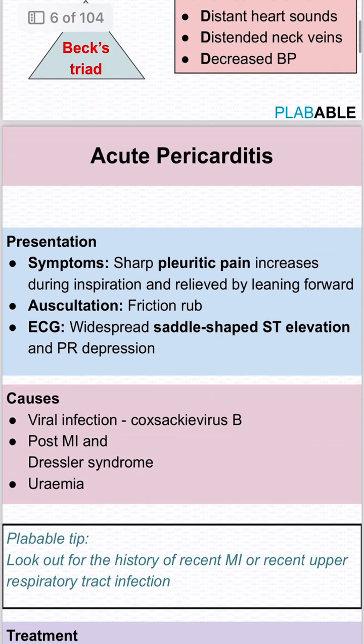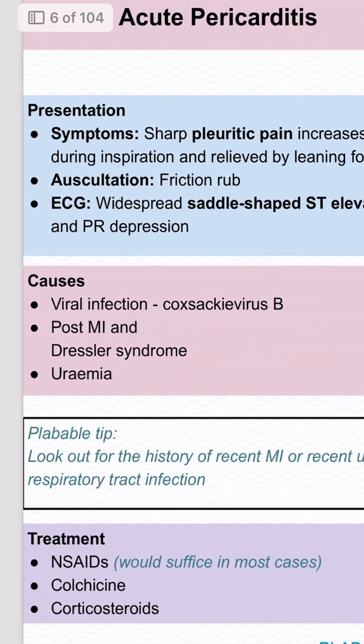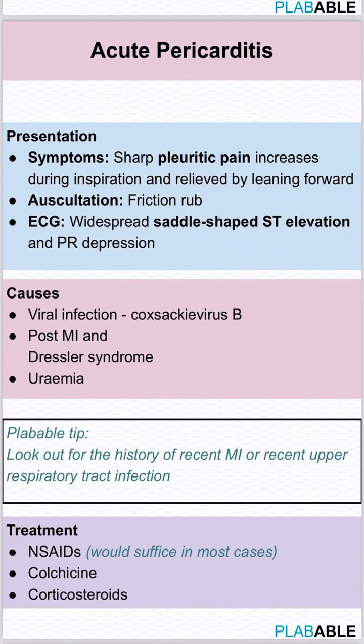What are its causes? Causes could be viral infection, Coxsackie virus B, and it can develop after MI as Dressler syndrome, and in uremia.